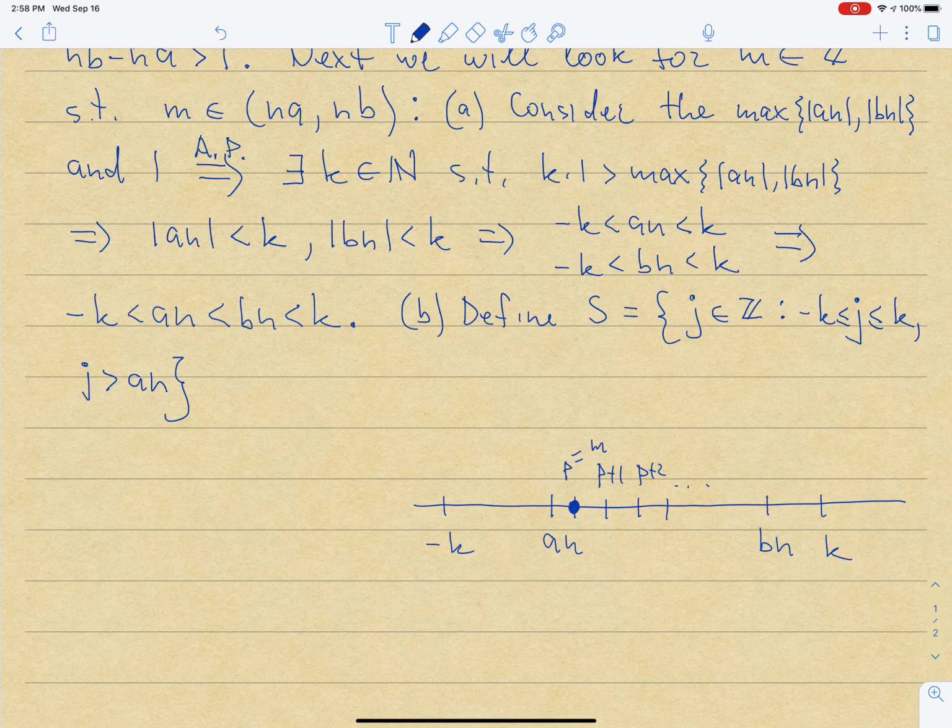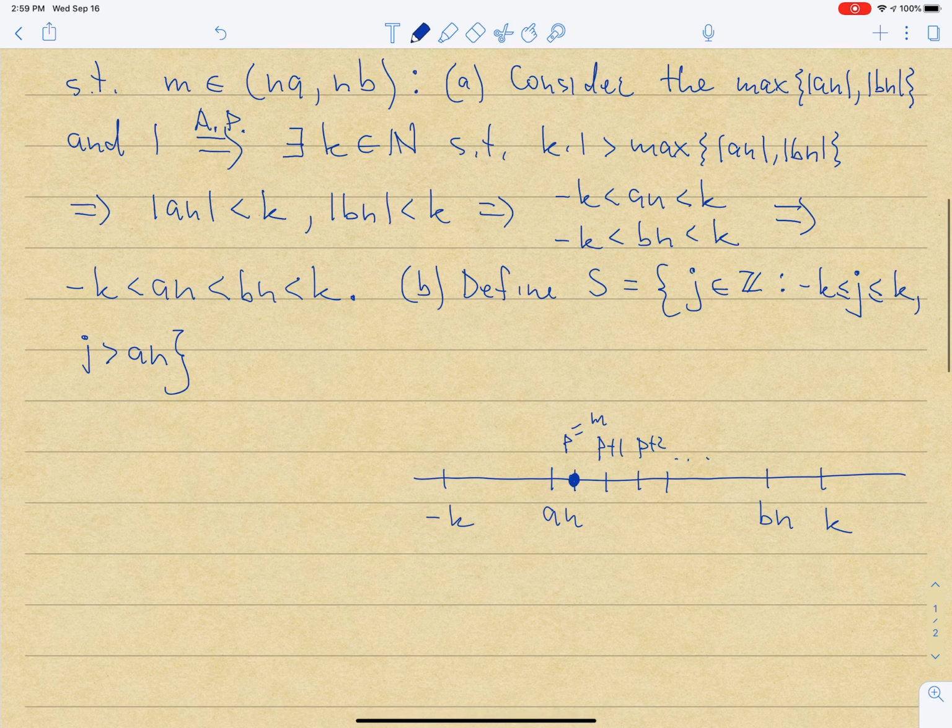Right? So unfortunately my notation here clashes a little bit with the picture, but I hope that's okay. So j's are the same things as these p's here, right? So it's a set of all numbers, all integers rather, that are greater than an. Okay, so I'm going to define this set.